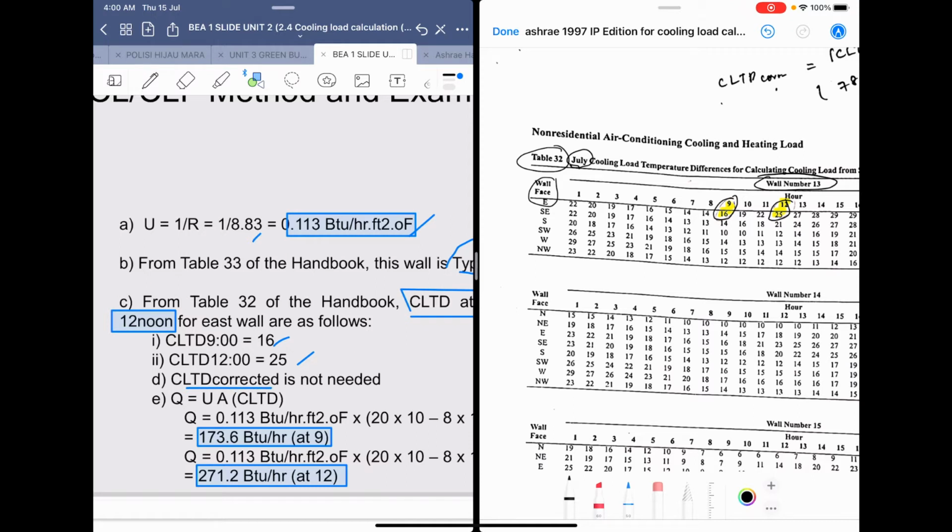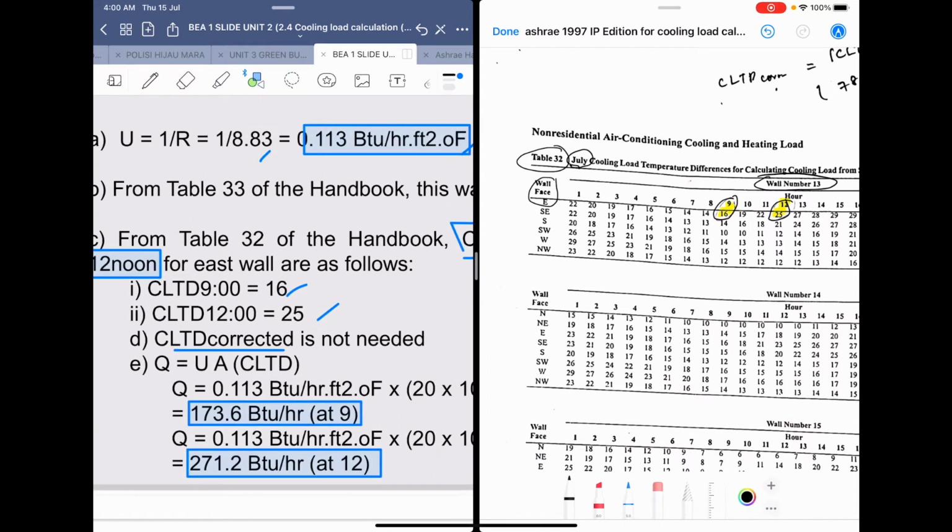But let's say we want to do it in Malaysia, the latitude is not the same as this 40 degrees north latitude. So we have to apply the CLTD correction in case we want to do it in Malaysia.